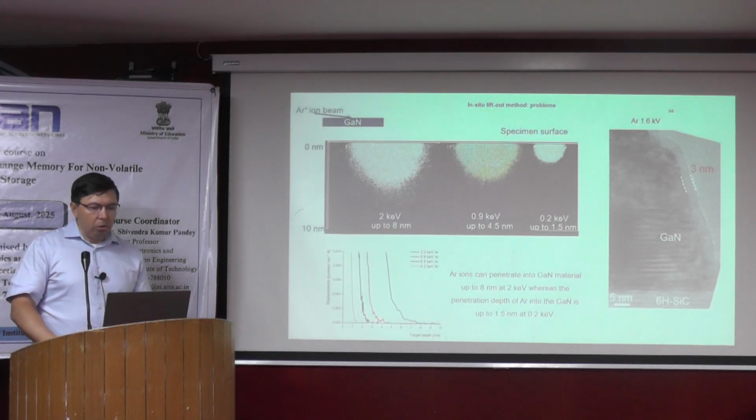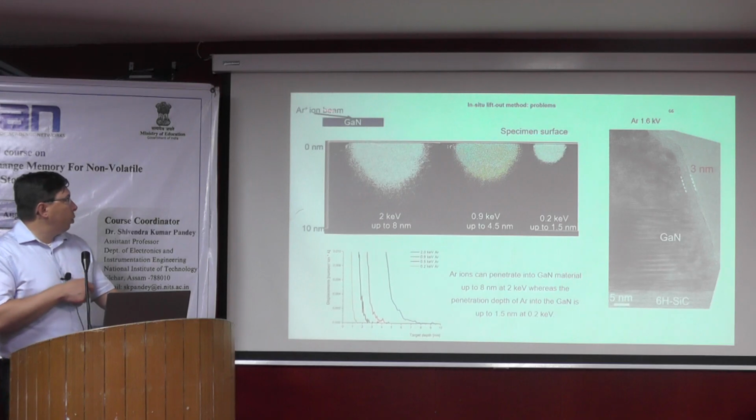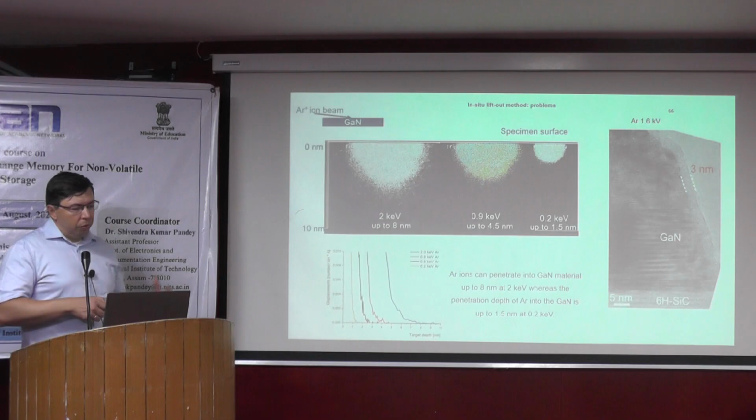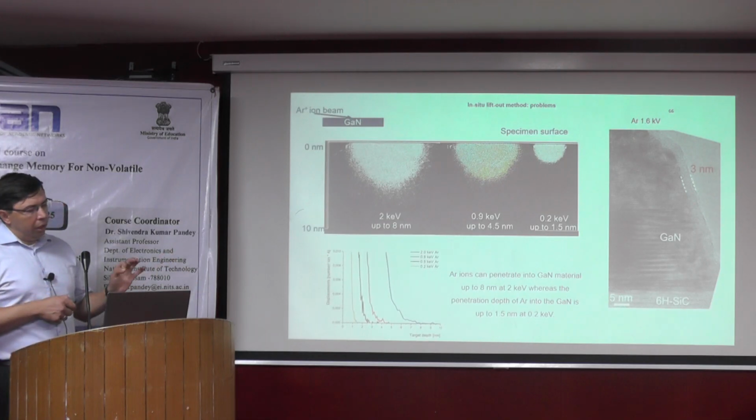You can also reduce the thickness of your specimen by using another argon ion beam system, the so-called Nanomill. Here you also use a focused ion beam, but instead of gallium, we use argon. Argon ions are a little bit smaller than gallium.